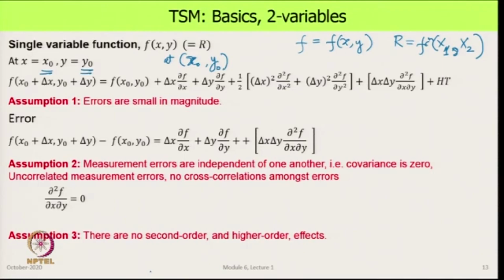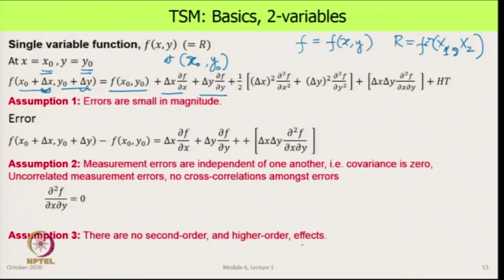Now we use the Taylor series method for two variables, and life becomes slightly more complicated. So, f at this point, at this the perturbation is delta x, delta y. Instead of just calling it epsilon, we could have called it epsilon x, epsilon y, that is okay, or delta x, delta y. We are expanding this function about the given mean value f at x0, y0, and we get the first order terms delta x df by dx, delta y df by dy.